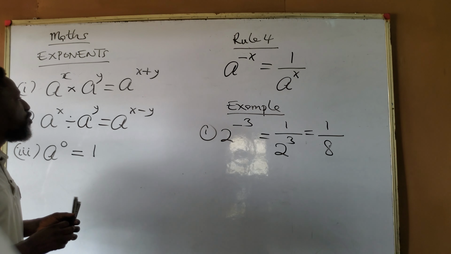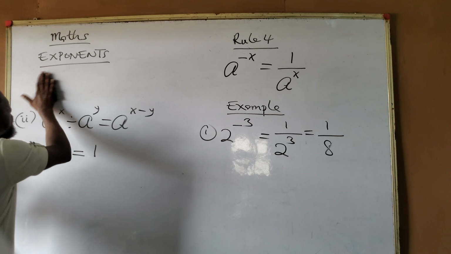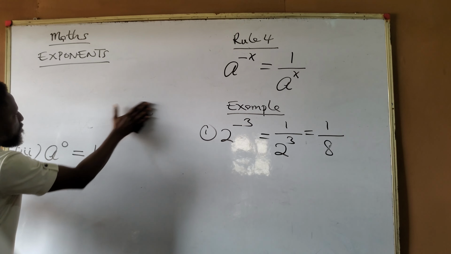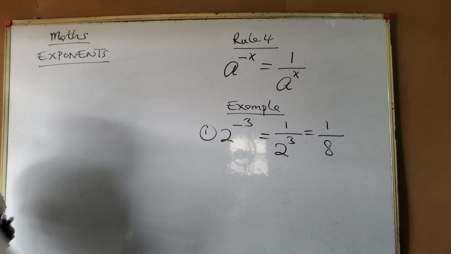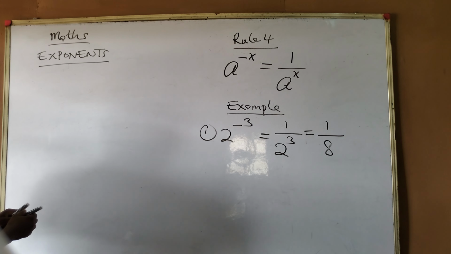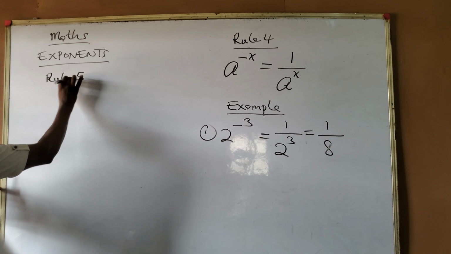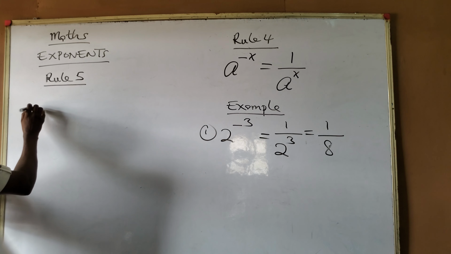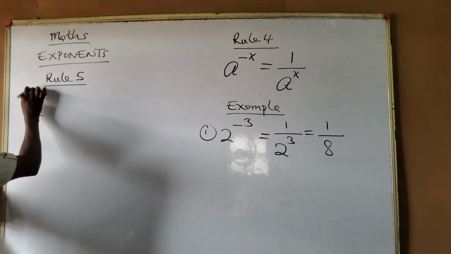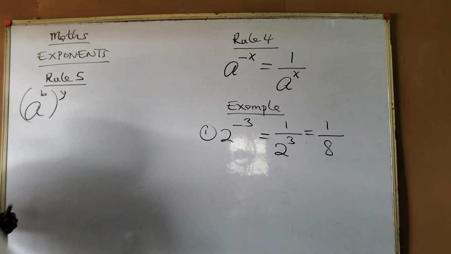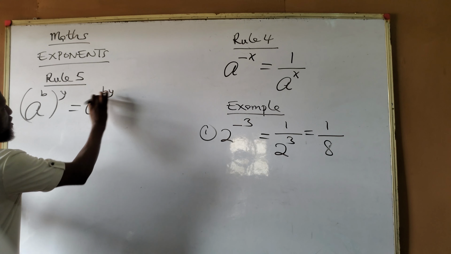So let's look at rule number 5. Now, rule 5 says, if you have a raised to the power b and raised to the power y, this one will be a to the power b times y.